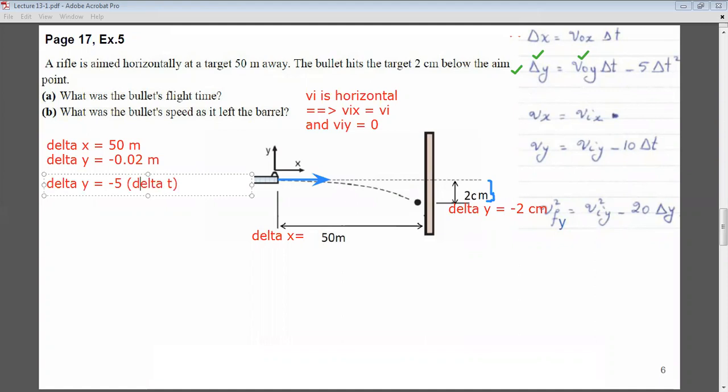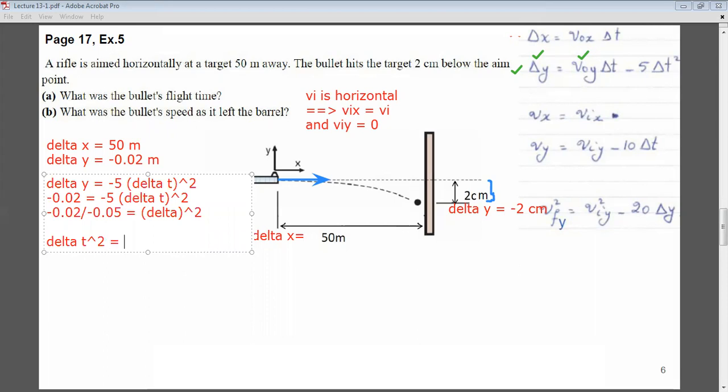So delta y is minus 0.02 equal minus 5 delta t square. Here we divide 0.02 by 5. So minus 0.02 divided by minus 5 is equal to delta t square. You just use a calculator.